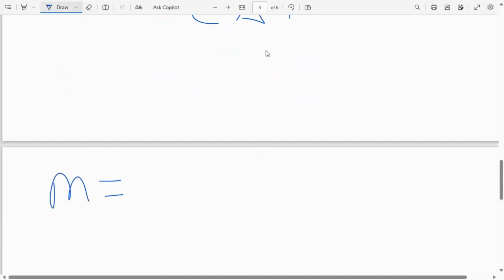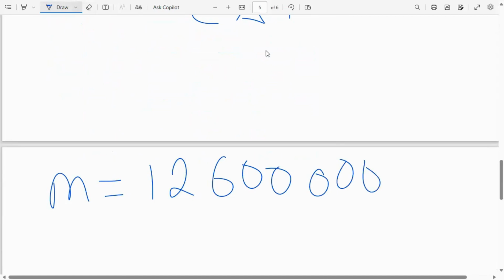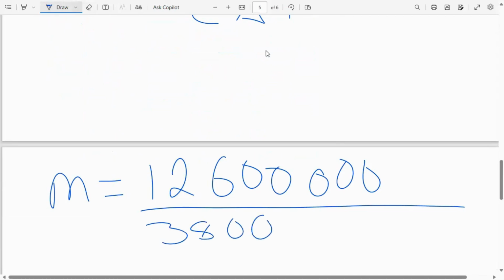M will be equal to 12,600,000 over 3,800 multiplied by 60, which is the change in temperature.